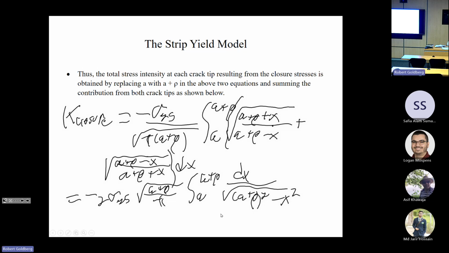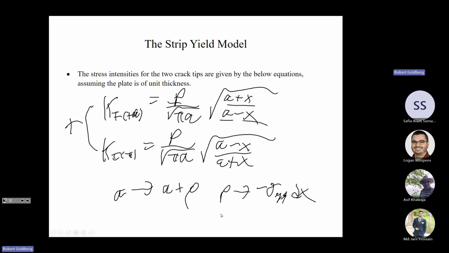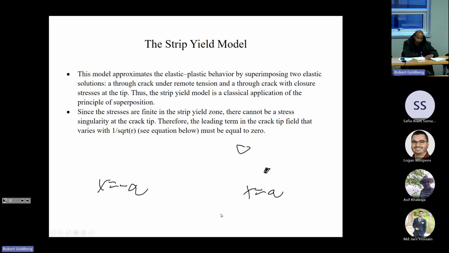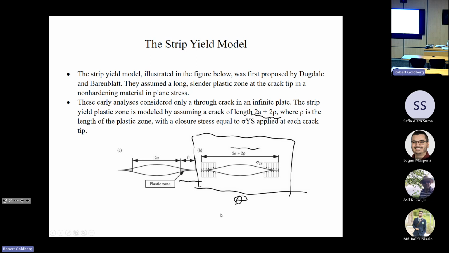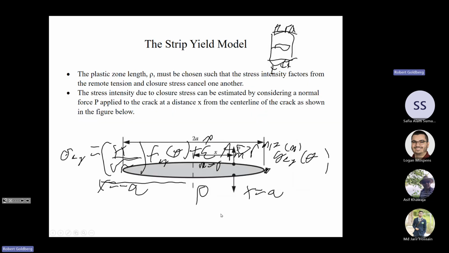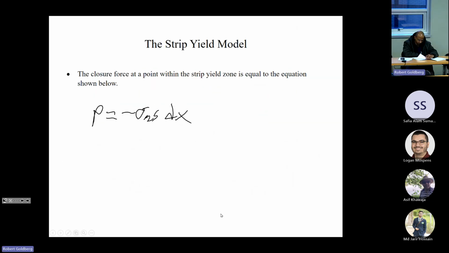Okay. So all of this is the stress intensity factor for this case here, where all we have is the closure stresses.